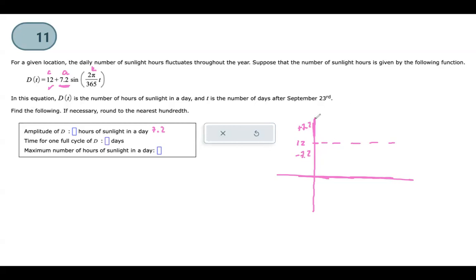So it's gonna reach as high as 19.2. And if we take away 7.2 from 12, get all the way down to 4.8.